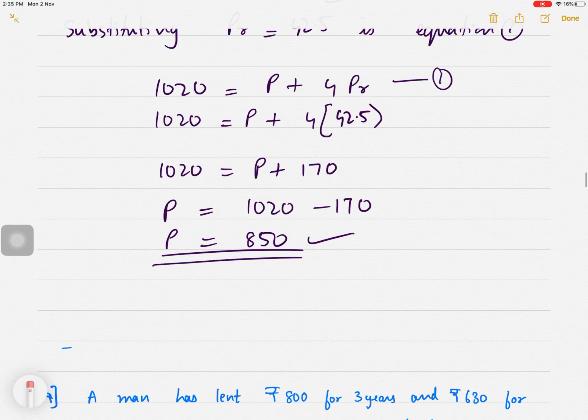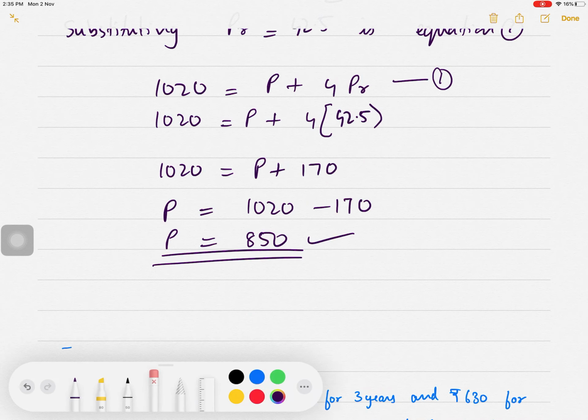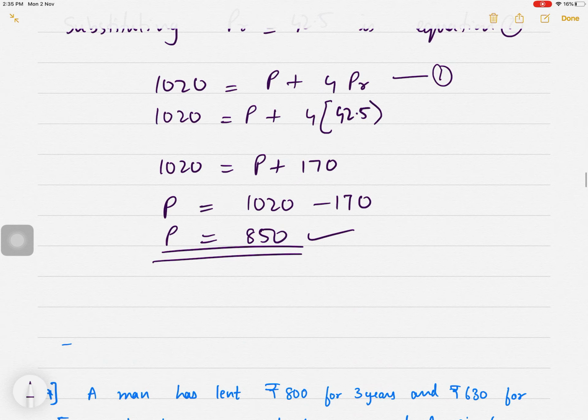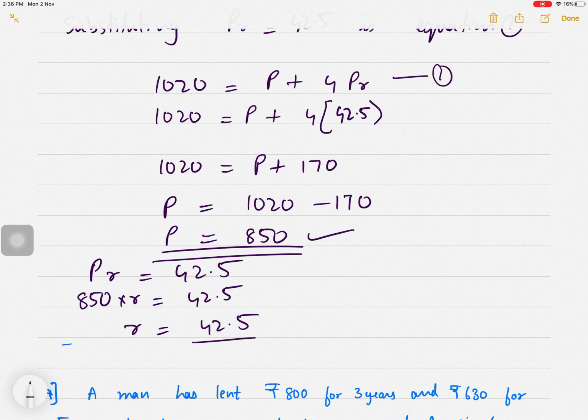You have already calculated that PR is equal to 42.5, and you know the value of P is 850, right? So substitute that. So 850 into R is equal to 42.5. So R is equal to 42.5 divided by 850.